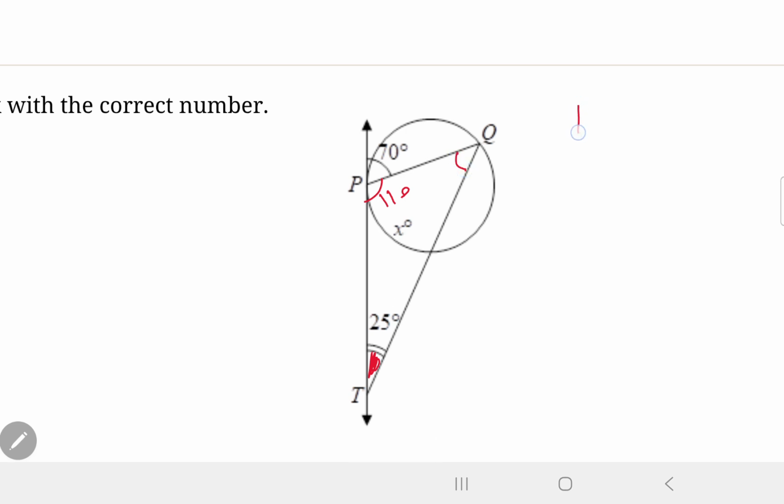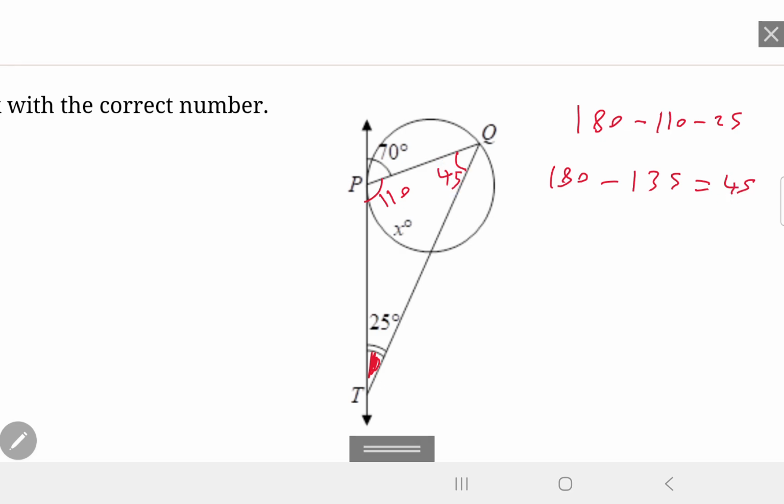You get 180 minus 110 minus 25. So 180 minus 135, and this will be 45. So this is here 45. The arc is twice it, as we said. X equals 45 times 2, which is 90 degrees.